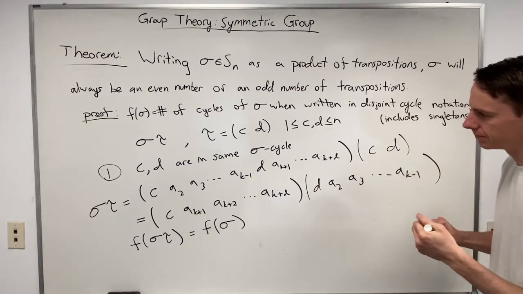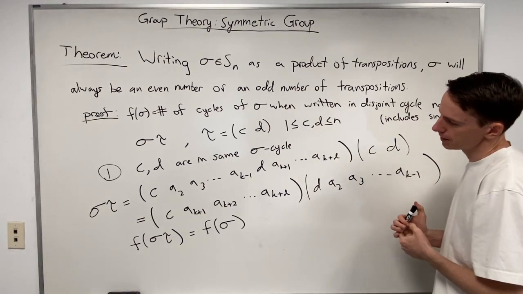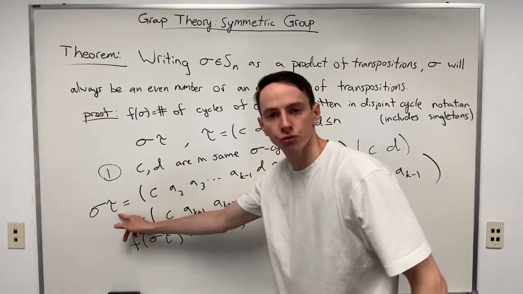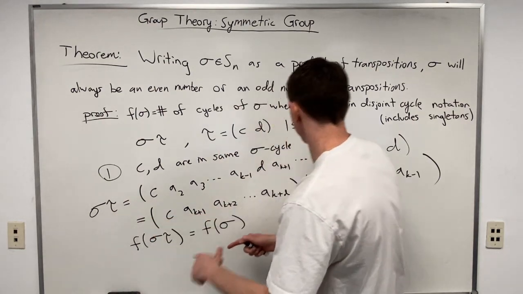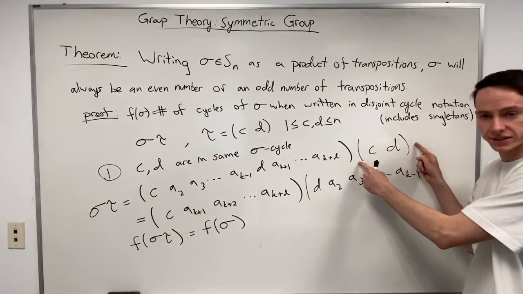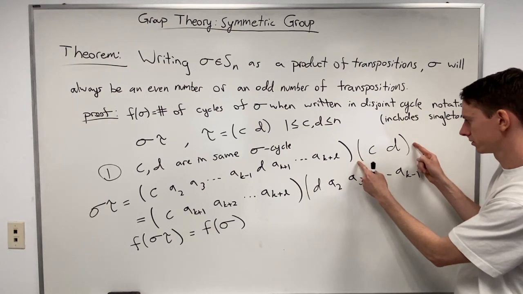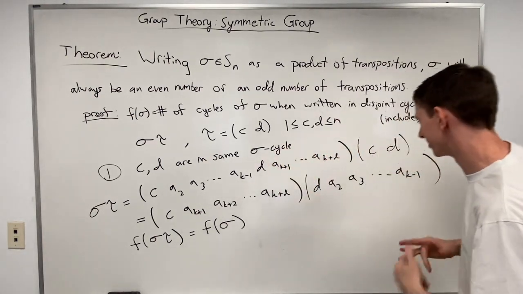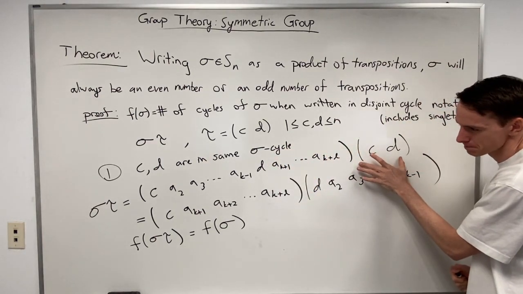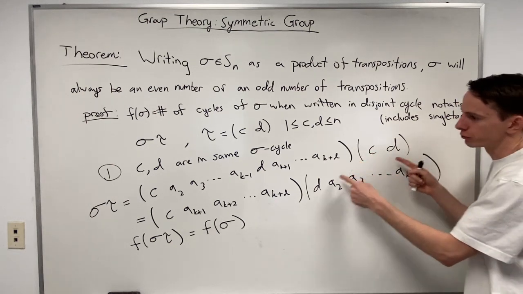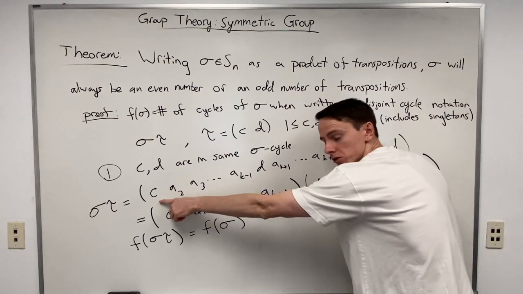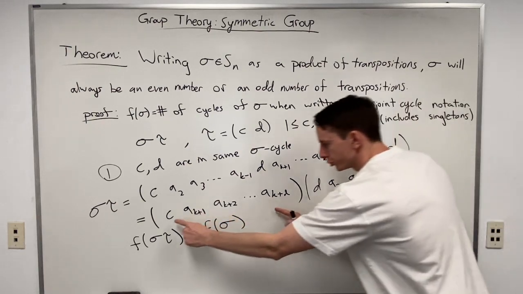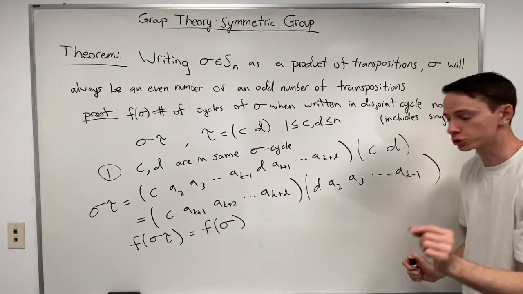When we multiply tau on the right by sigma like this, that was the act of adding this transposition. I mixed the words transposition and permutation up, but this 2-cycle right here. Basically what we have seen is that if we started with one large cycle in sigma, then sigma tau produces two subsequent cycles in disjoint cycle notation.